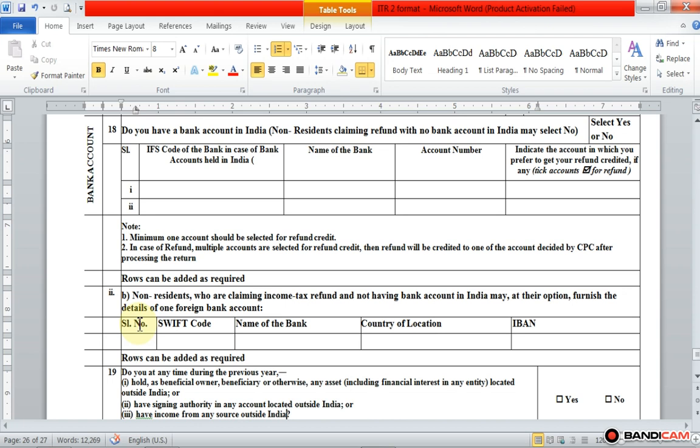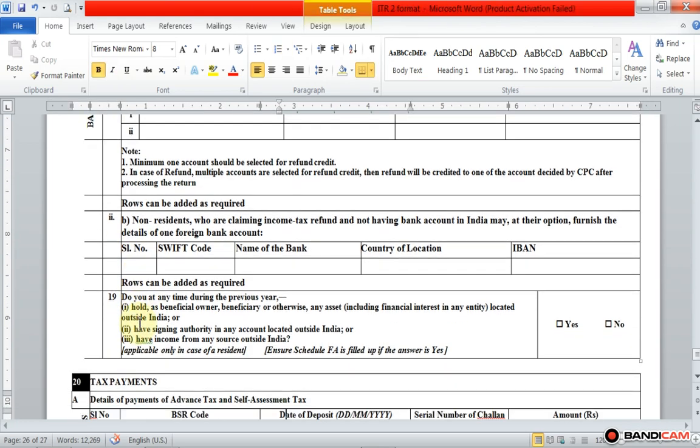So those assessees who are non-resident and do not maintain a bank account in India, but claim the refund of their income tax in their foreign bank account, will furnish the details of the foreign bank, but only one foreign bank's details is furnished by the assessee. Okay, then rows can be added by the assessee if required.